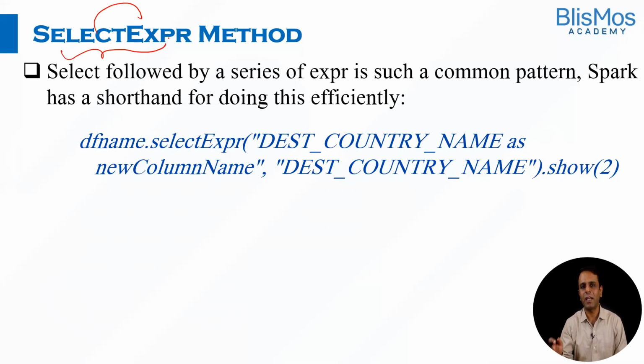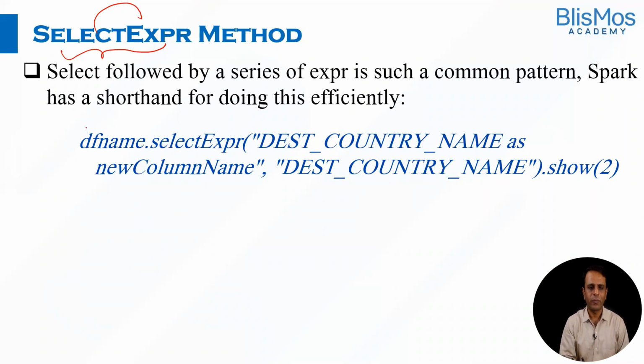This is beautiful. The reason I am saying this is, whenever you are trying to manipulate the columns or work with the data frames, you may have to do some transformation on one column, but you want to select the other column as is. In that case, you can use the selectExpr method.